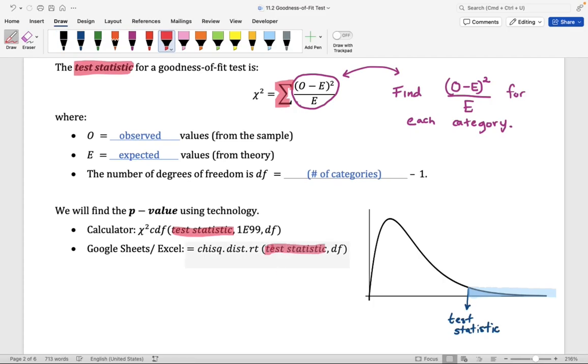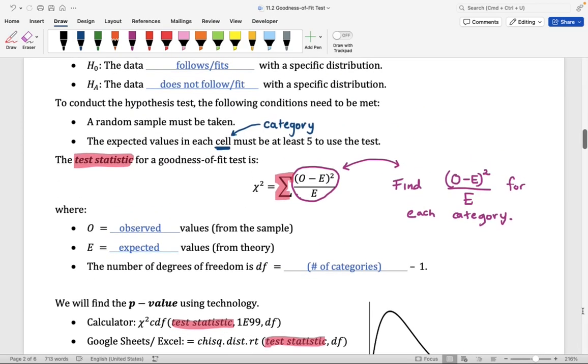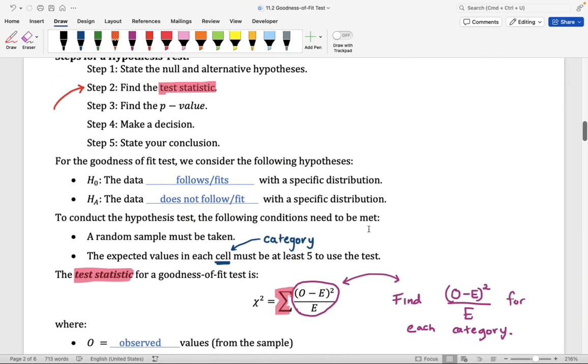Okay? So inside the parentheses, you're going to enter the test statistic, comma, the degrees of freedom. And again, once you find your p-value, you're ready to make a decision. You're going to compare your p-value with alpha. That is going to help you decide if you're going to reject the null hypothesis or fail to reject the null hypothesis. And then you can write a conclusion based on your decision.